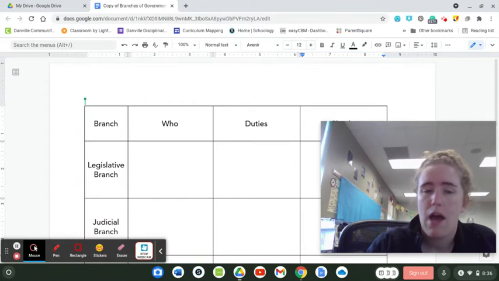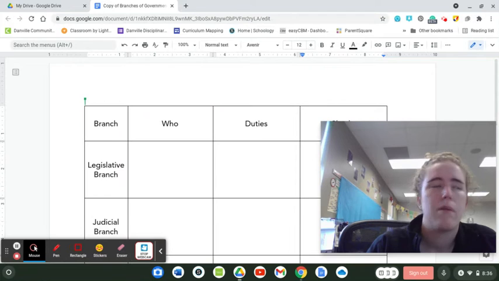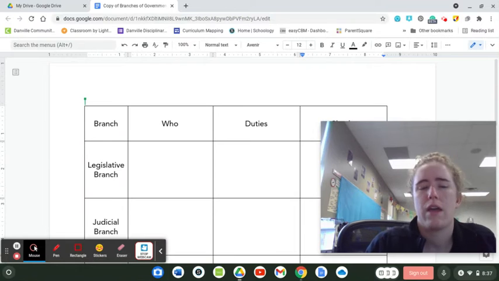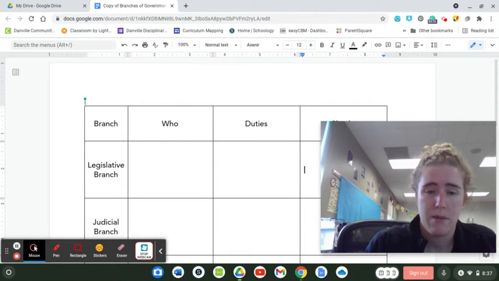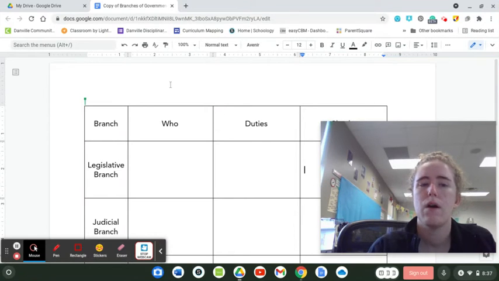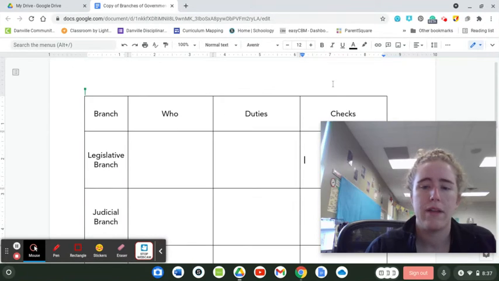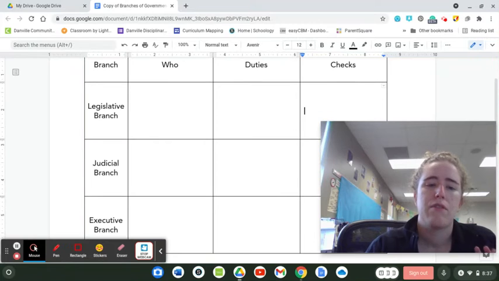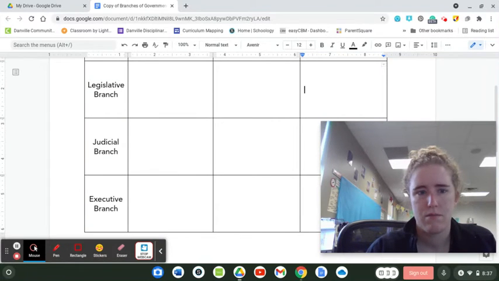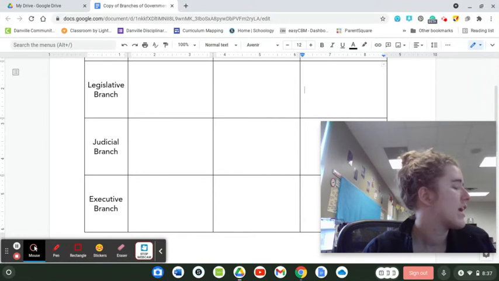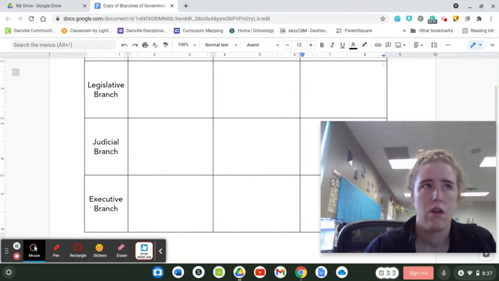For the meantime, I'm going to walk you through the three branches of government. This is something that we're just covering briefly over the next week or so, and then we might come back and cover it in depth a little bit more. So our government is made up of three separate parts: the legislative branch, the judicial branch, and the executive branch.